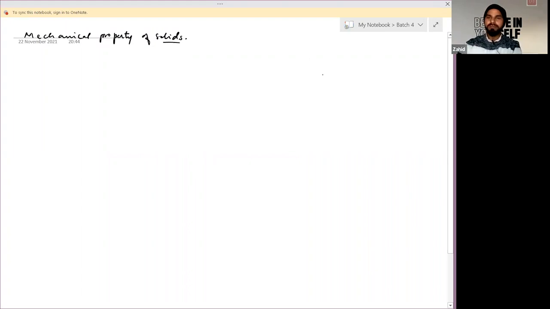Let me define some concepts. Suppose you have a spring attached to a support, having a certain length, let's say L, in its natural state.